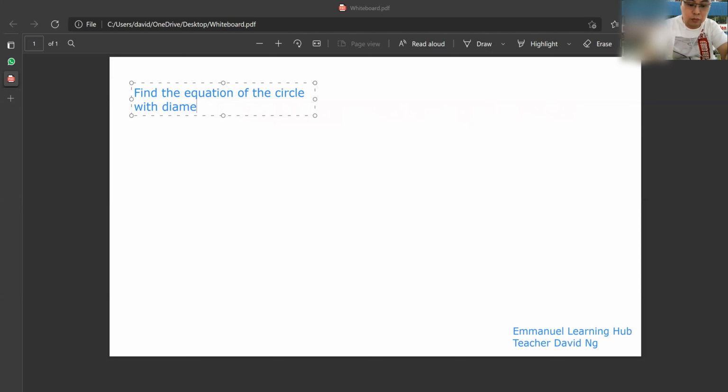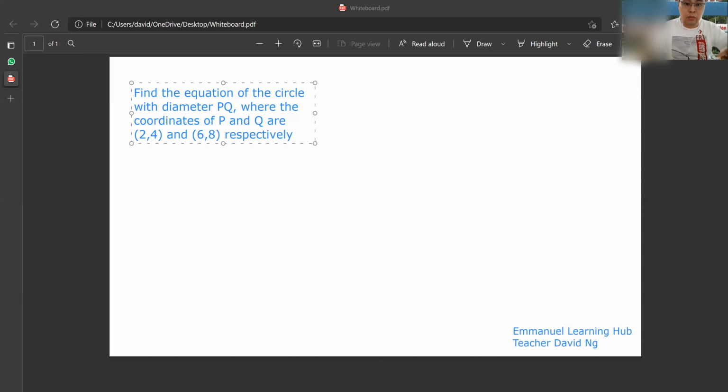Then another word example is, okay, find the equation of the circle with diameter PQ, where the coordinates of P and Q are 2, 4 and 6, 8 respectively.